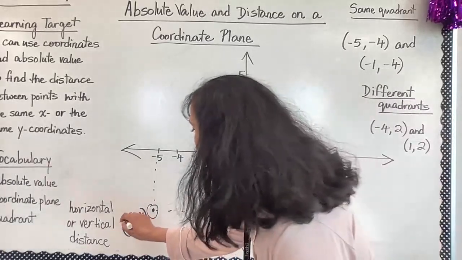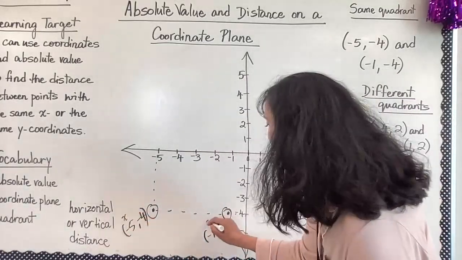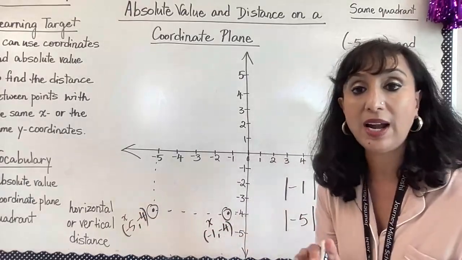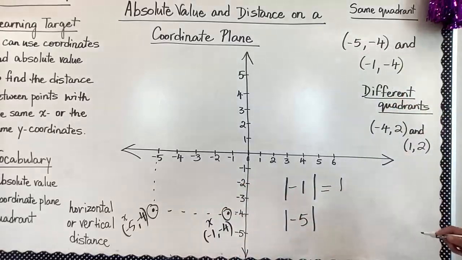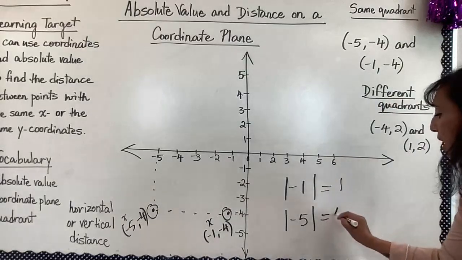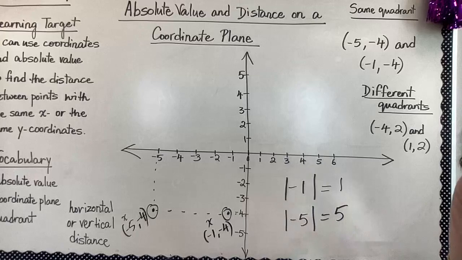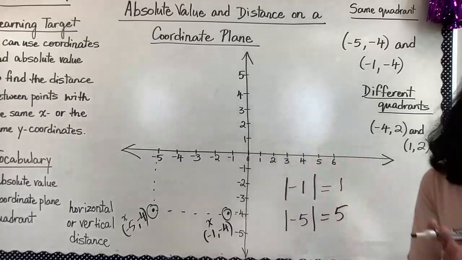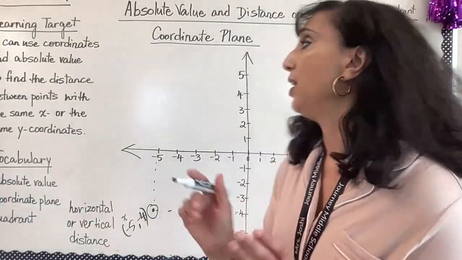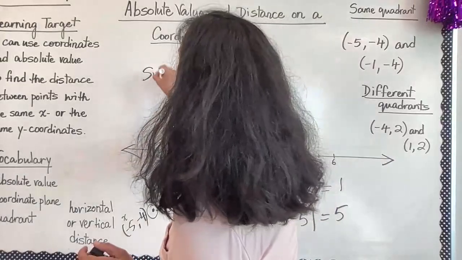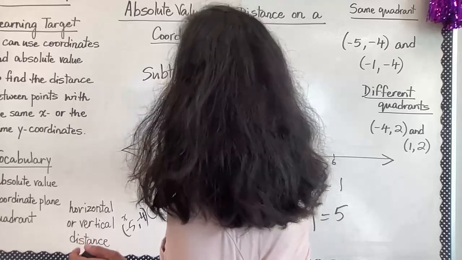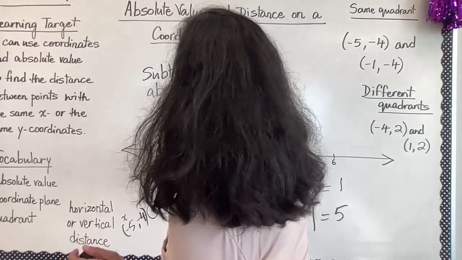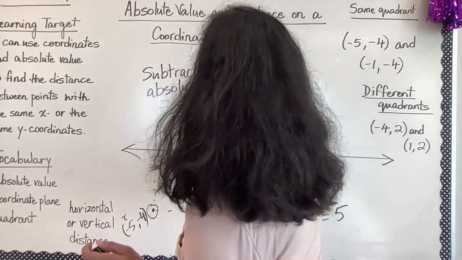I'm looking at the x coordinates now because the y is the same, and we are going horizontally, right? So the absolute value of -5 is going to be 5. And because they are in the same quadrant, you subtract the absolute values.